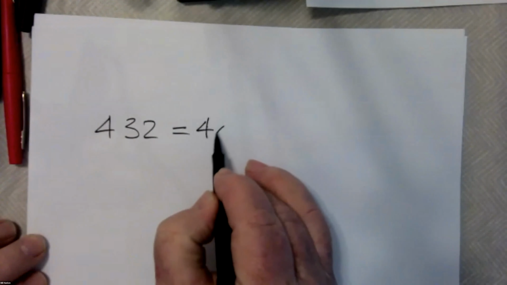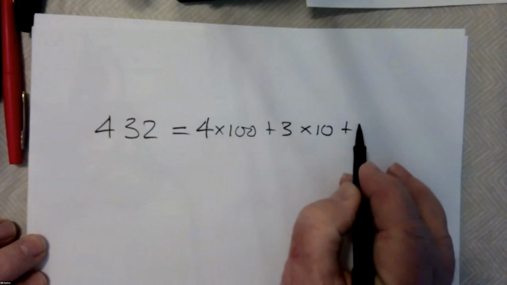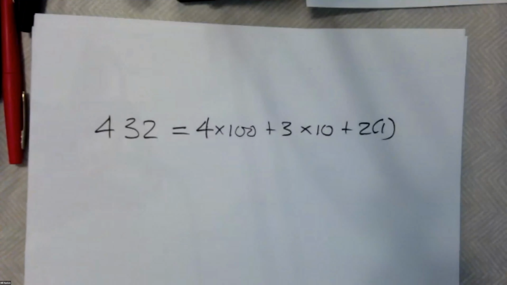Okay, so in elementary school, we have problems like this, 432, and we ask the students to write that in expanded notation. So that's 4 times 100 plus 3 times 10 plus 2 ones. In elementary school, we call that expanded notation.